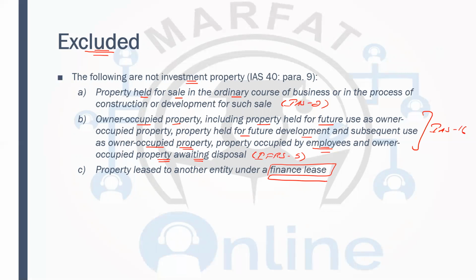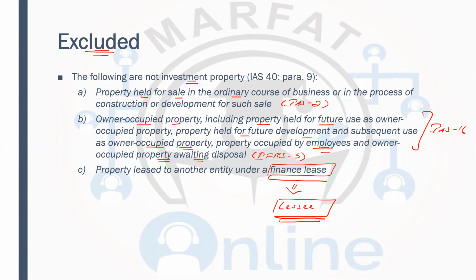Those payments which we are getting, we record in the profit or loss as rental income. But when it comes to the finance lease, this asset belongs to the lessee rather than the lessor. We are giving the asset to the lessee. The lessee is going to control that asset. That asset belongs to the lessee, and they will be making us the lease payments.